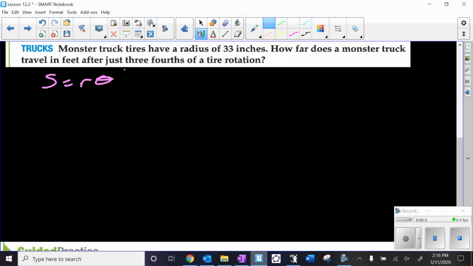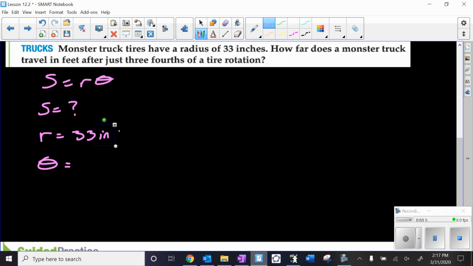Monster truck tires have a radius of 33 inches. How far does a monster truck travel in feet after just 3/4 of a tire rotation? Okay, so I know I'm looking for S. I don't know that. R is my radius, which they tell us is 33. And then I need to find my angle measure.